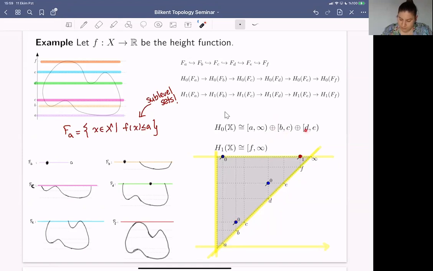BC is here and DE should be here. If you are close to the diagonal, that means your lifespan is short. But if you are away from the diagonal, that means you persist more. And this is for the first homology. You know this is homeomorphic to a circle, and at the level F there is a one-dimensional hole. This hole is born at the point F, but it never dies. So there is a point here, F infinity, which represents the first persistent homology.